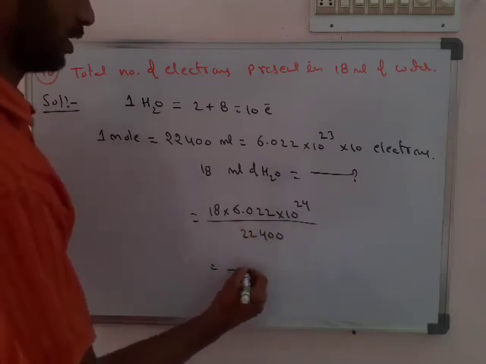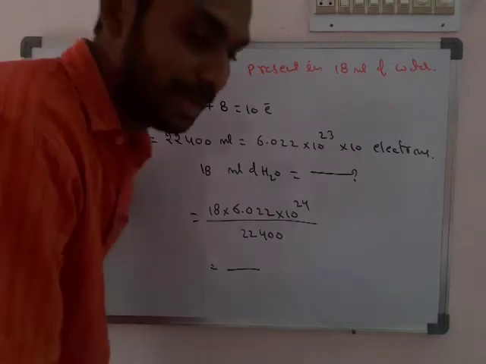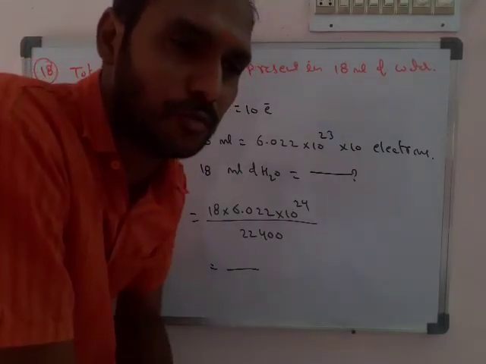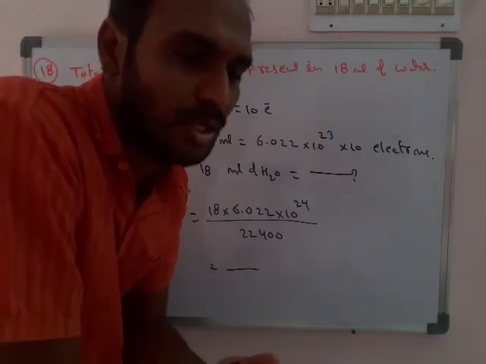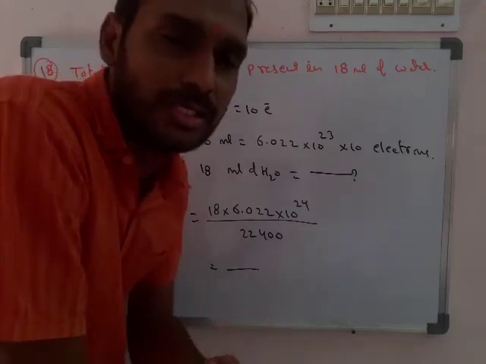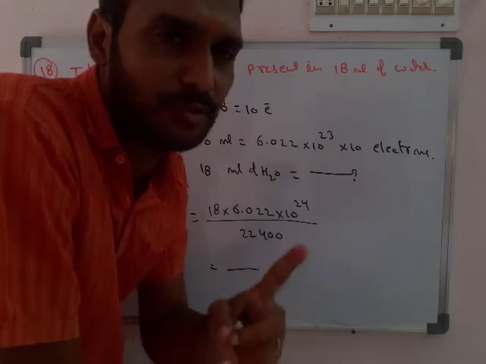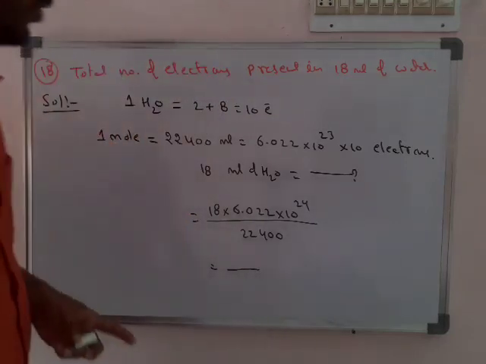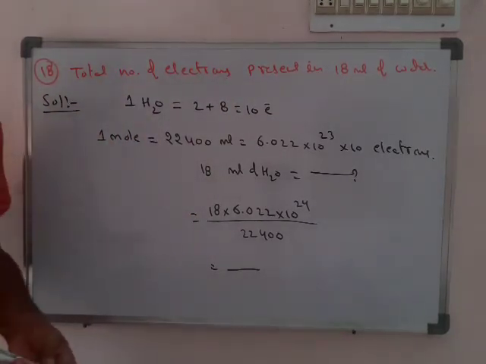Okay, just do the calculation. If it is mentioned at exactly 4 degrees Celsius, then we can directly write Avogadro number, because at 4 degrees Celsius we already know that 1 milliliter equals 1 gram. Okay, it is not mentioned about the temperature.